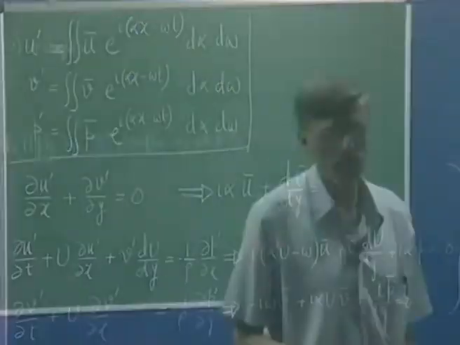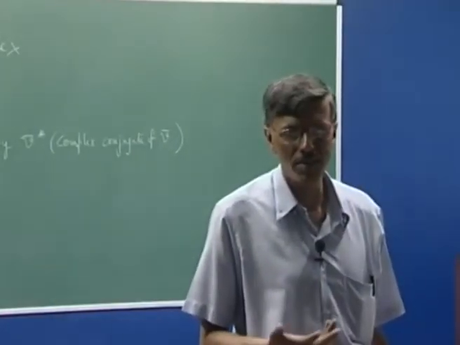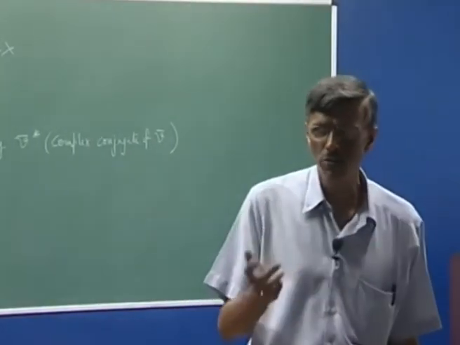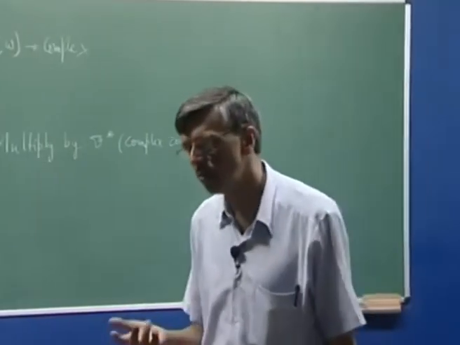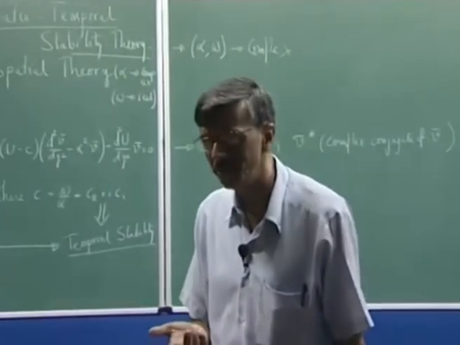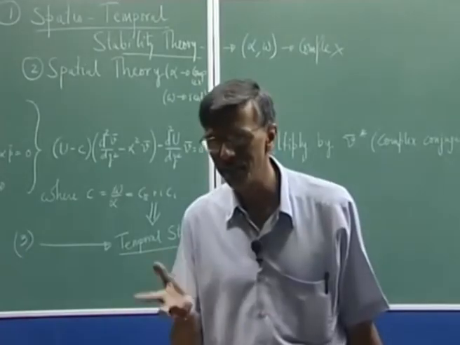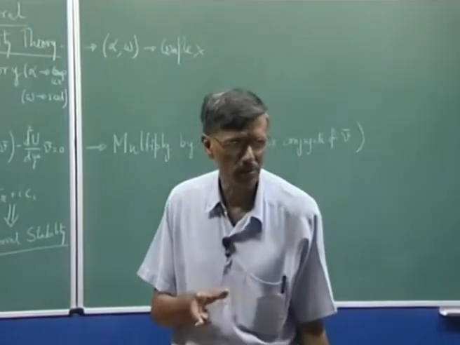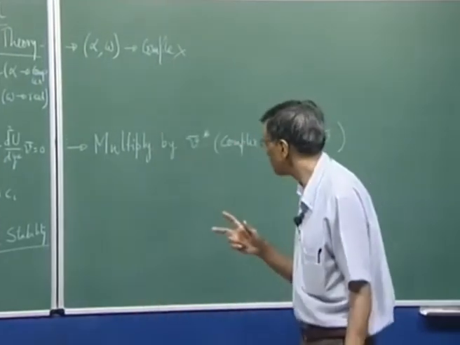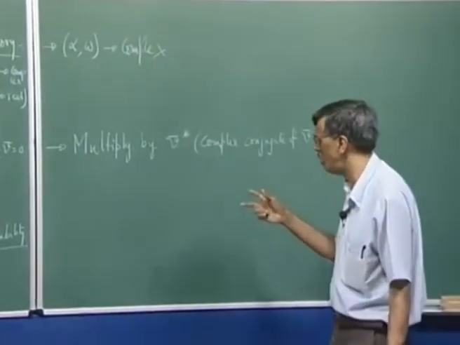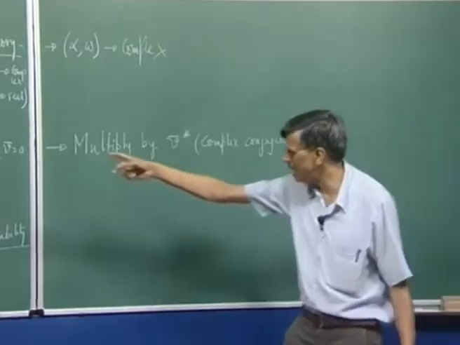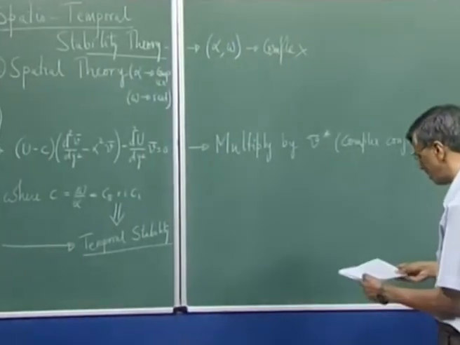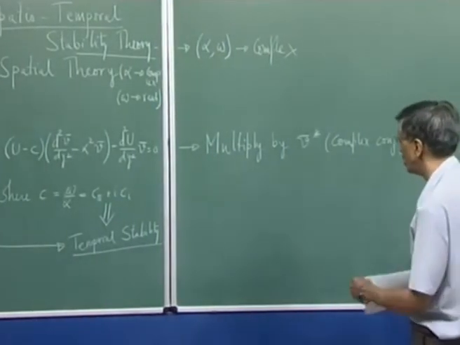What does it achieve for you? Well, if it is complex, then u, v and p will have their own phase, and they need not all be the same. That is why you will have different values of the relationship between the real and imaginary parts, right. So, what we are talking about is to take that equation and multiply by its complex conjugate.